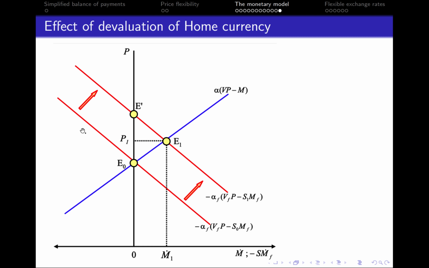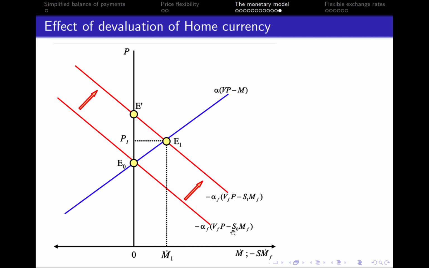Let's say that at the beginning we are at the long run equilibrium over here. So we've got this hoarding schedule. Now, let's say that the central bank decides to devaluate the currency.